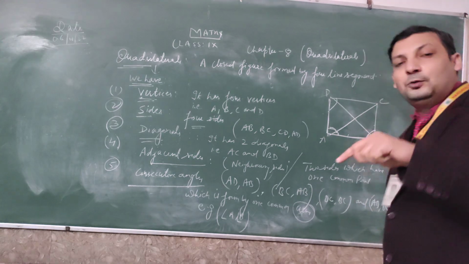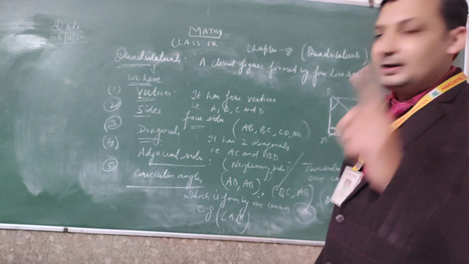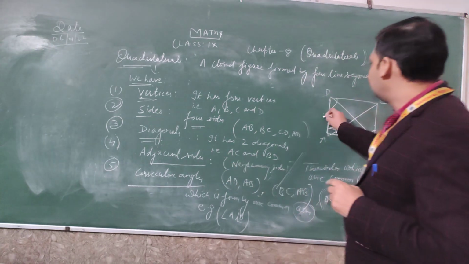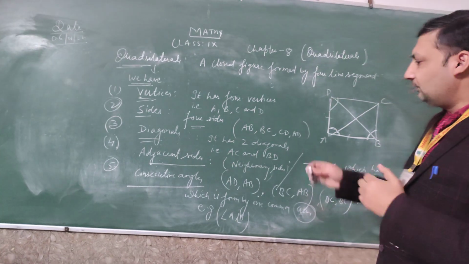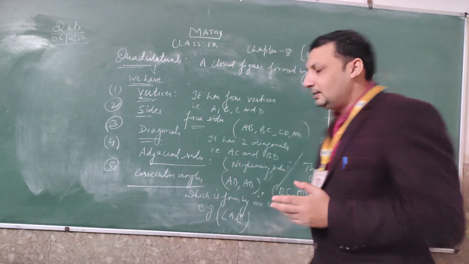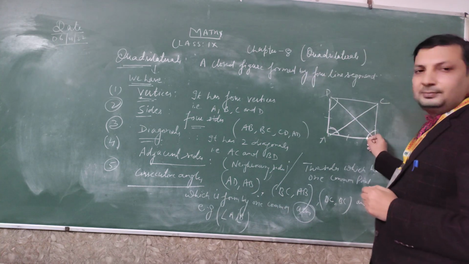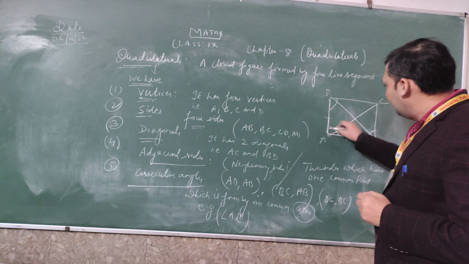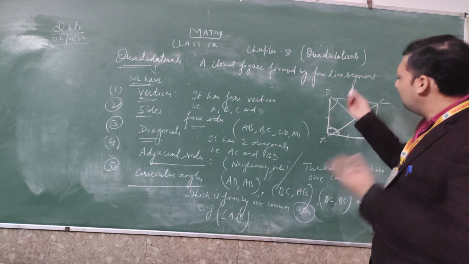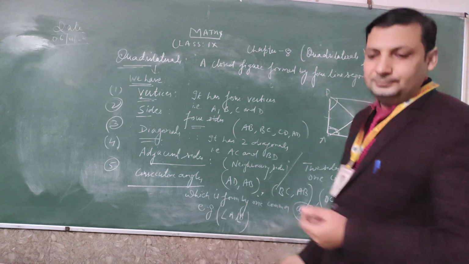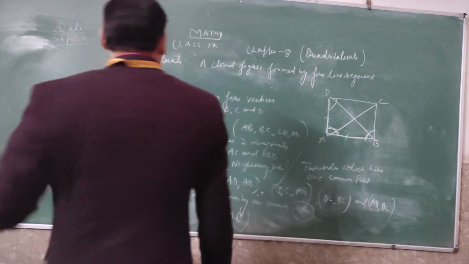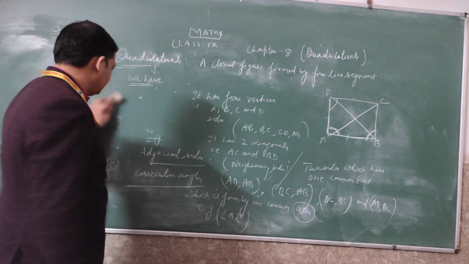It has different types of sides and angles, like adjacent sides, meaning neighboring sides, and consecutive angles, which are formed on one common arm, like angle A and B, or angle A and D.